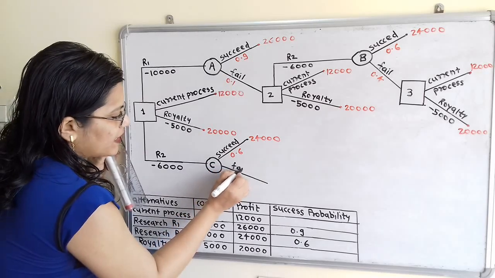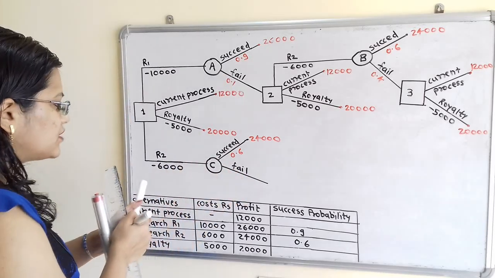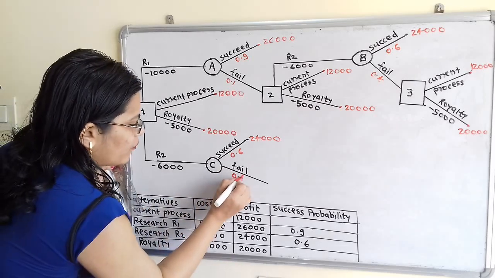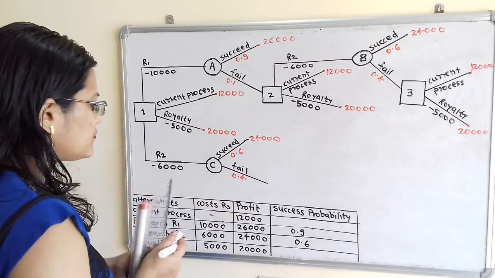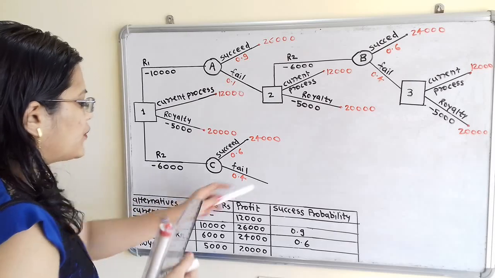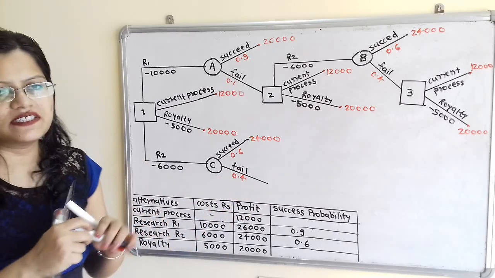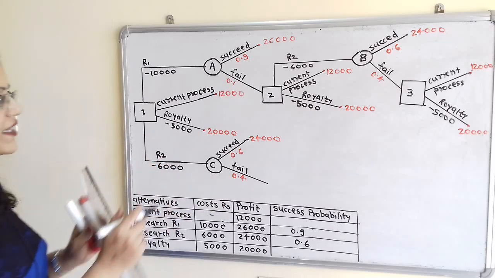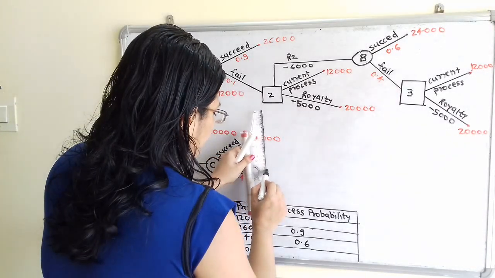And next is the chance that it will fail. For the failing of this research, what is the probability? That is the remaining probability, 0.4, and we have to take here the next decision. So whenever R2 fails, we have to take the next decision, that is decision number 4.